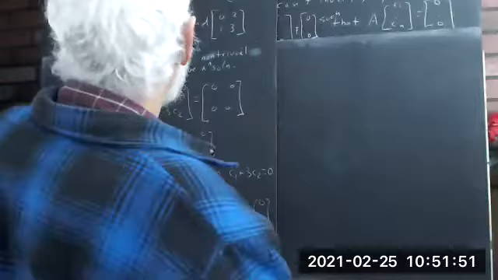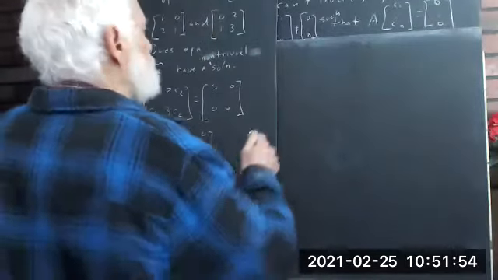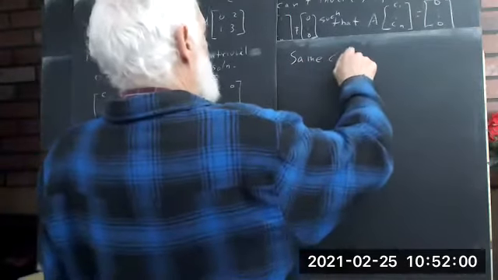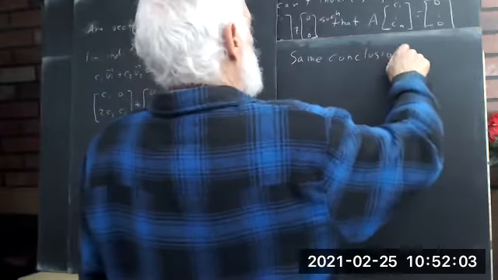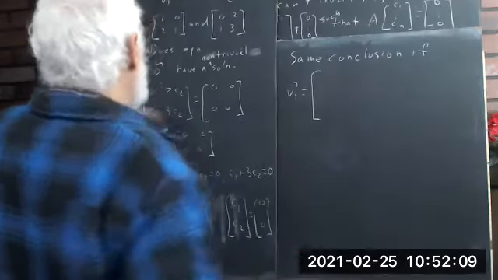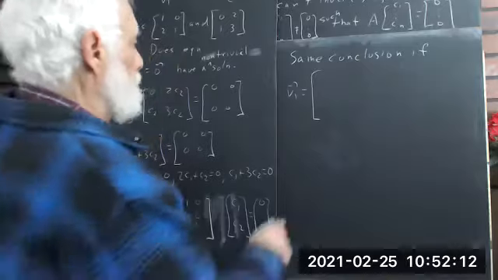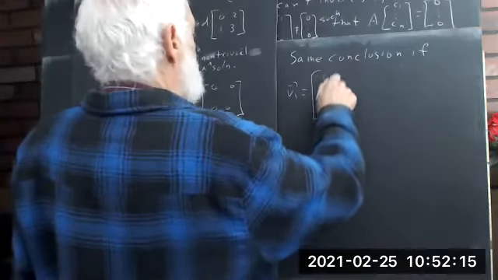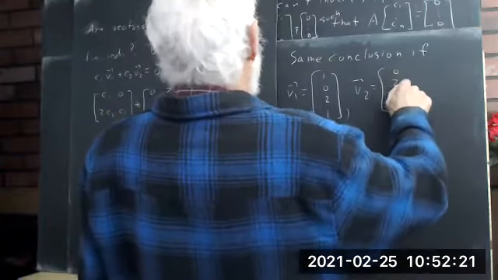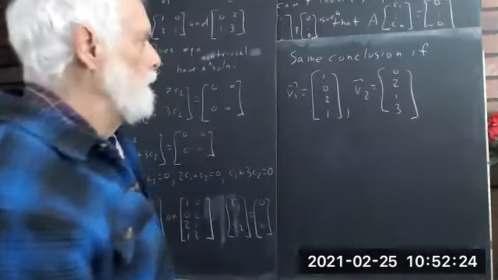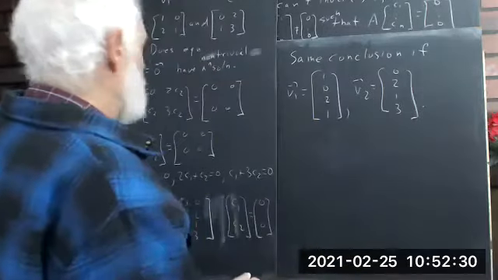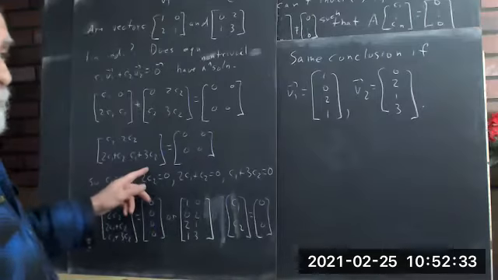This system is totally equivalent. If V1 equals what you get from this matrix, and V2 equals this matrix, you get the same identical equations when you get down to here.